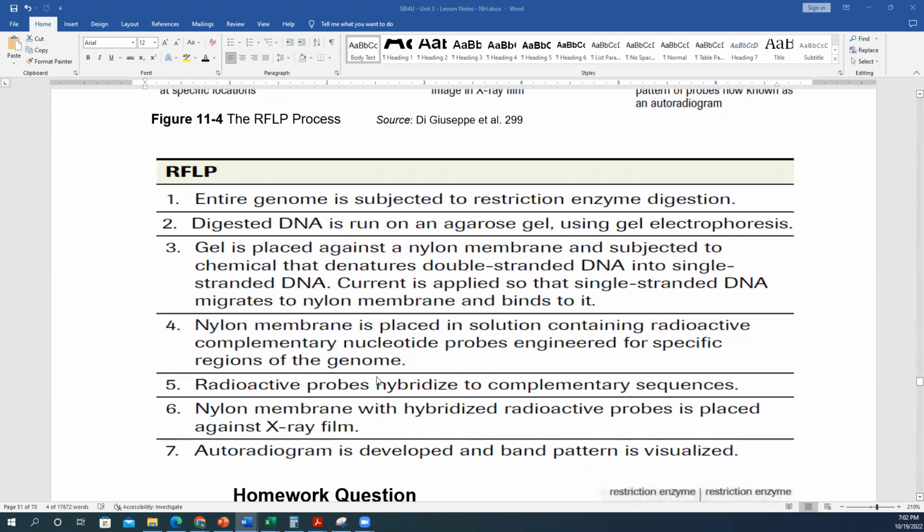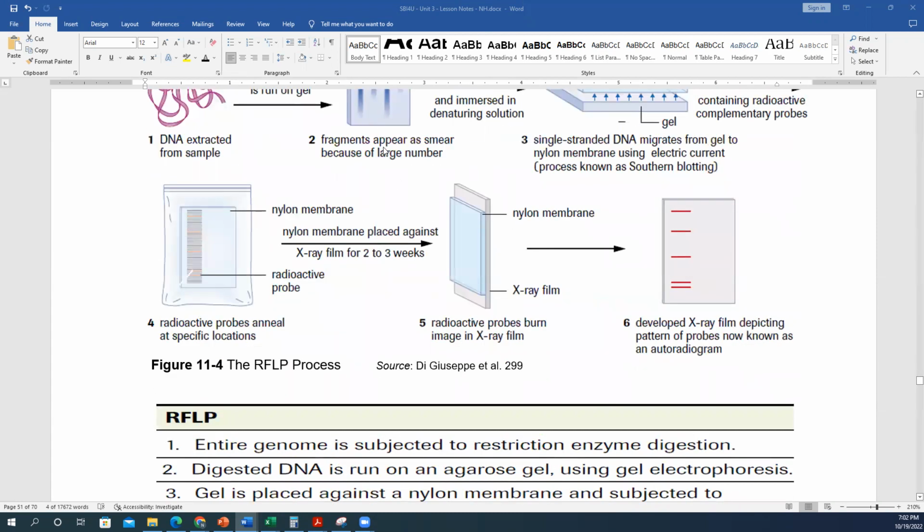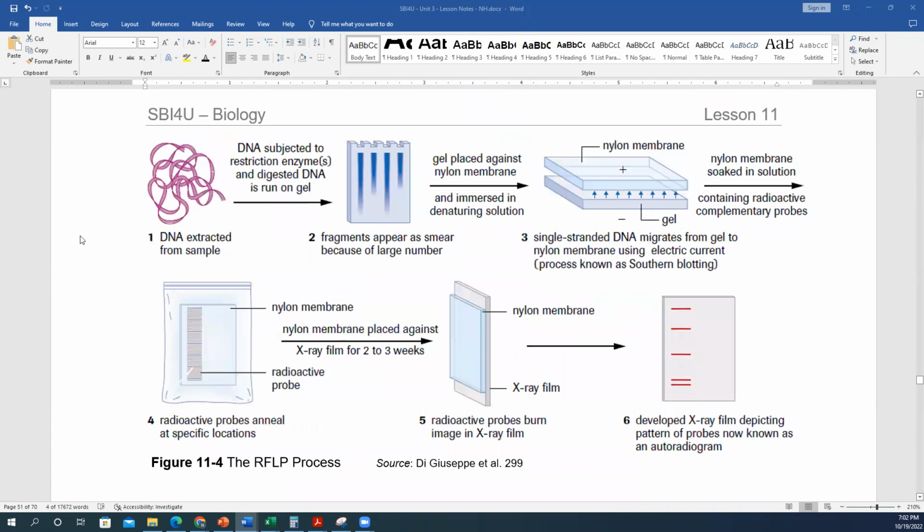So this table just summarizes the different steps in RFLP analysis. Again, you take the entire genome, you digest it with restriction enzymes, you take that digested DNA, and you run it on an agarose gel like we did up here, using gel electrophoresis.